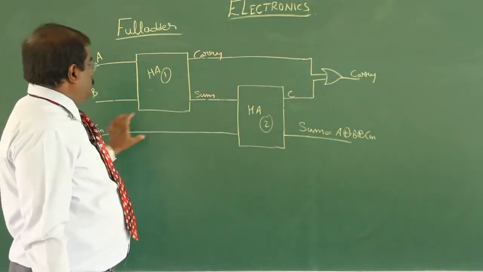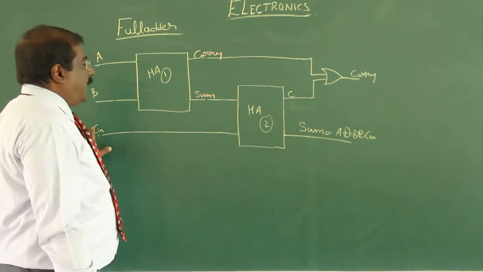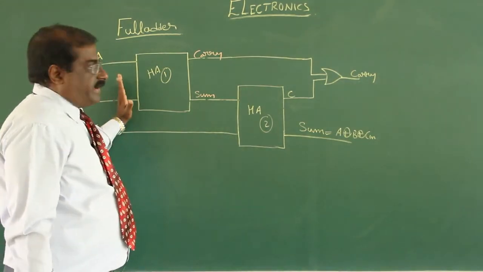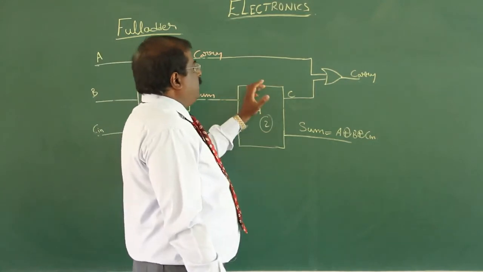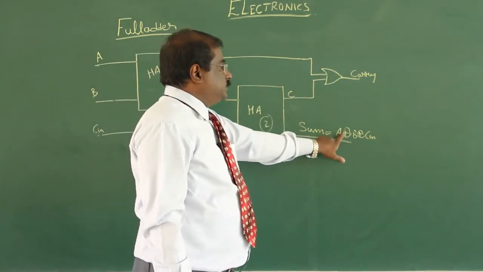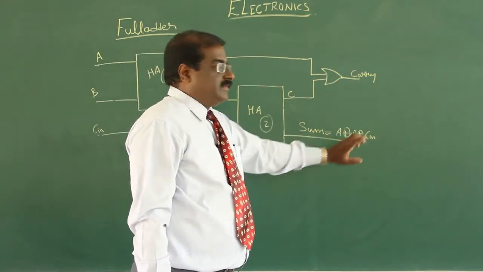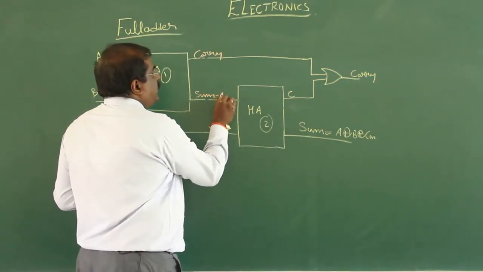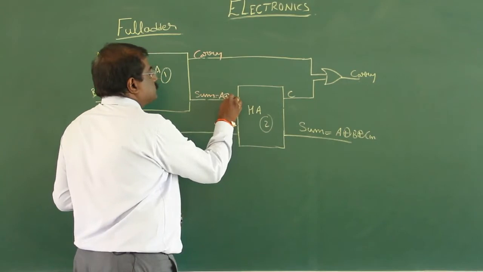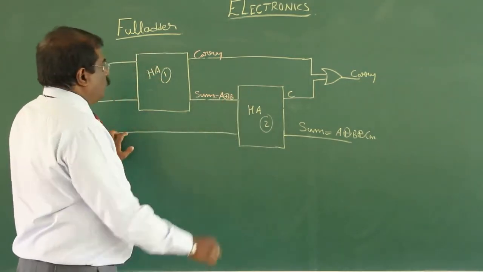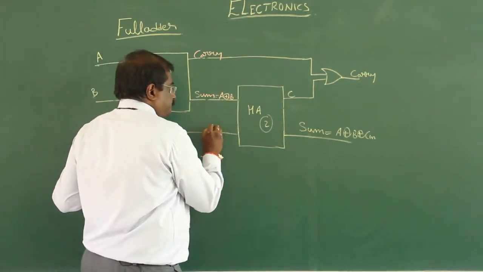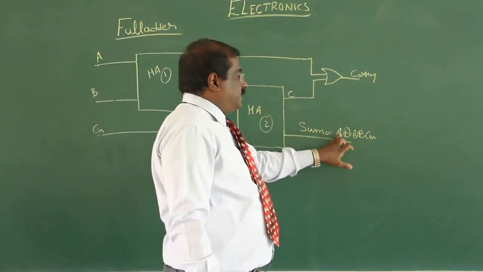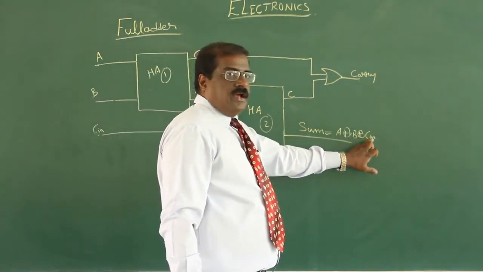Okay, so that is A, B and C in. That is the 3 inputs to the half adders. The output will be taken as sum equals A XOR B XOR C in. Here what happens? Sum is equal to A XOR B, okay, so here C in. So sum is nothing but A XOR B XOR C in.